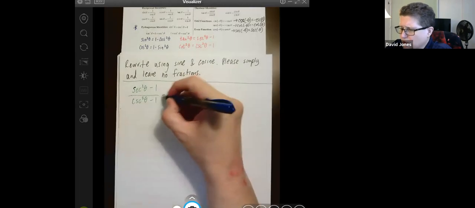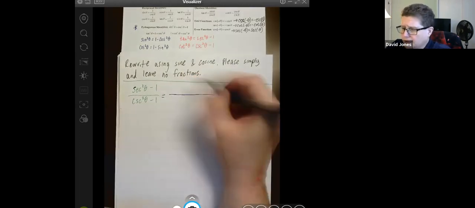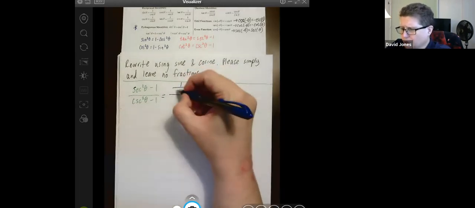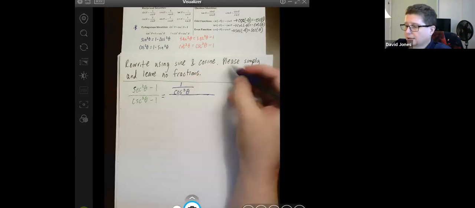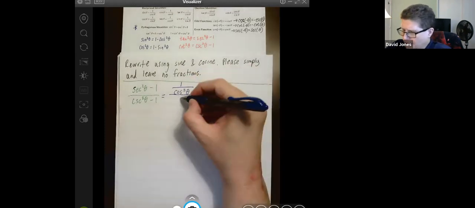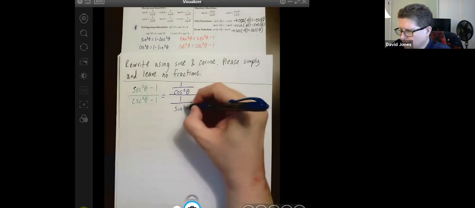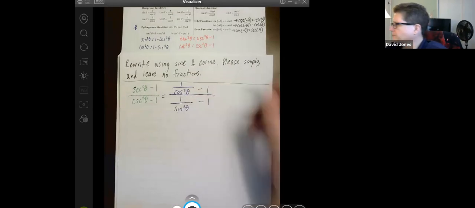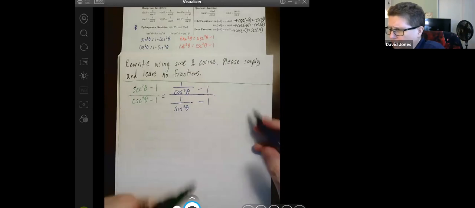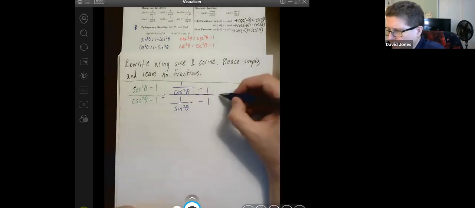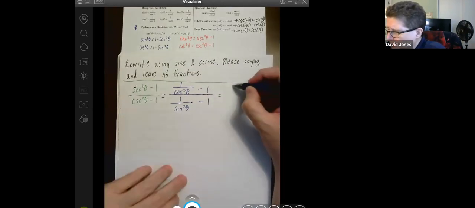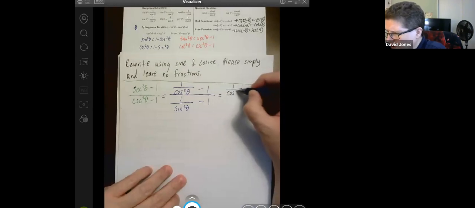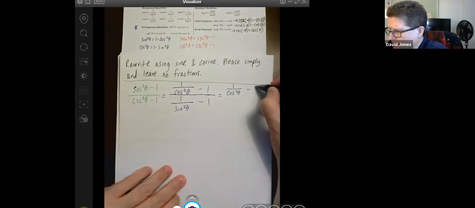So let's rewrite this. What is secant squared? Secant squared is 1 over cosine squared. And cosecant squared is 1 over sine squared theta. What I'm going to do is get a common denominator on top and bottom. 1 over cosine squared theta minus cosine squared theta over cosine squared theta.